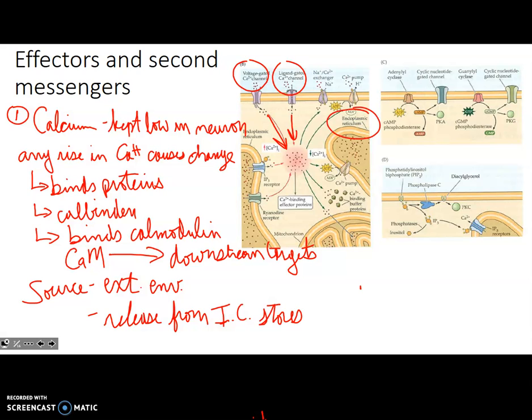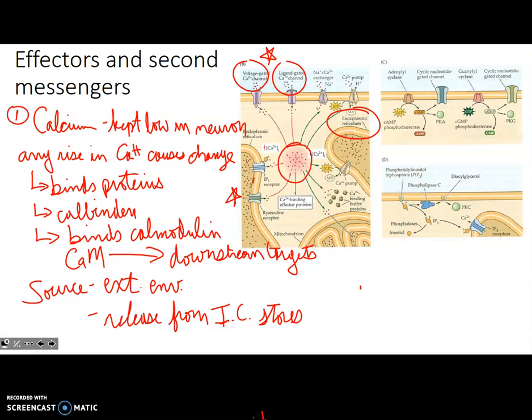Again, we're going to talk more specifically about the mechanism, but you can see that this thing here, what's called an IP3 receptor, or this ryanodine receptor, they allow calcium out. And so whether it's from the external environment here, or from these intracellular stores, with a gate on the endoplasmic reticulum being open so calcium can leave, the effect is the same, right? We're increasing the amount of calcium that's intracellular.